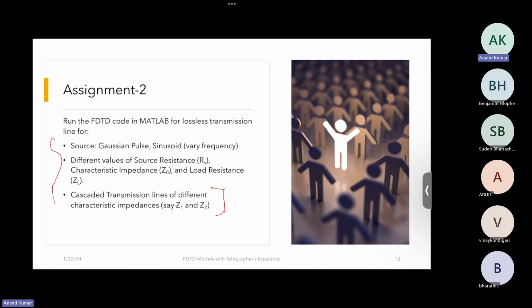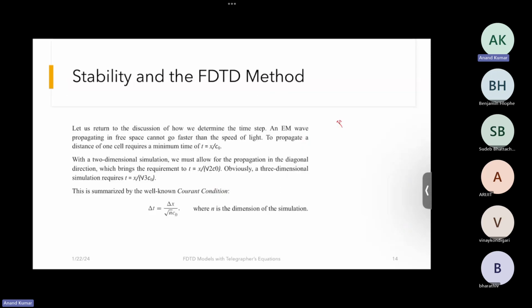Well, there has been one topic that I've been skipping till now, which was the stability of the FDTD method, and which was the Courant factor. So let's quickly discuss that. When we are trying to solve the FDTD problem, we have unit cells, and we are trying to solve the FDTD code at each node.